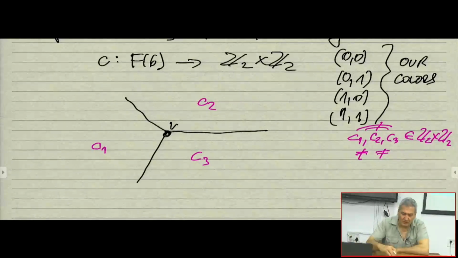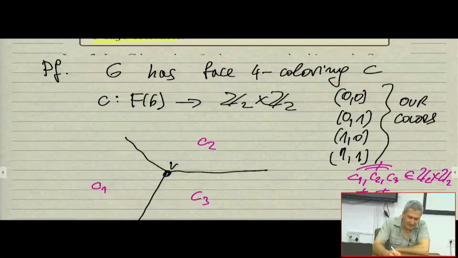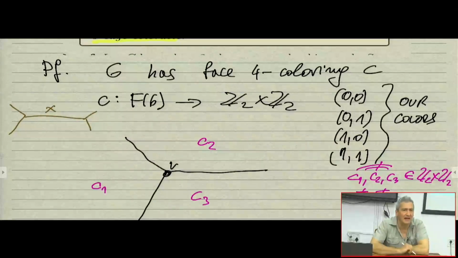So what I will do, if I have some edge, and this face is colored with color x, and this face is colored with color y, then I put color on the edge, x plus y.